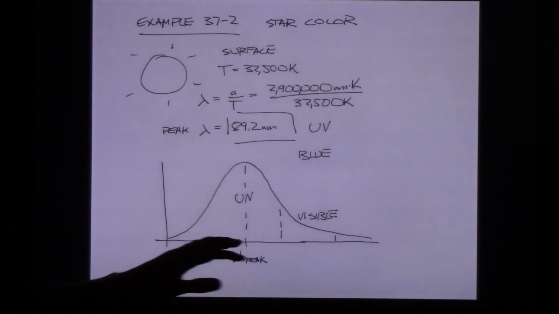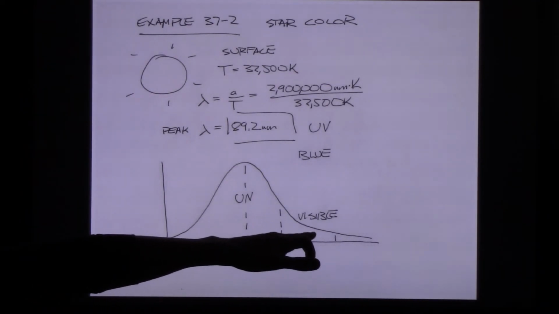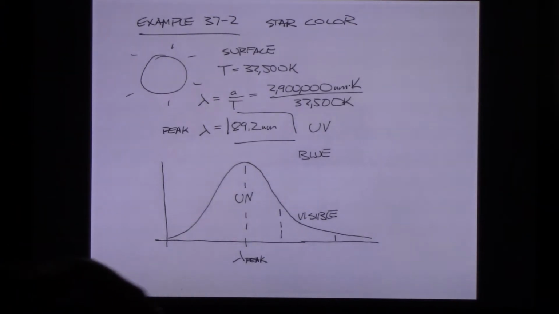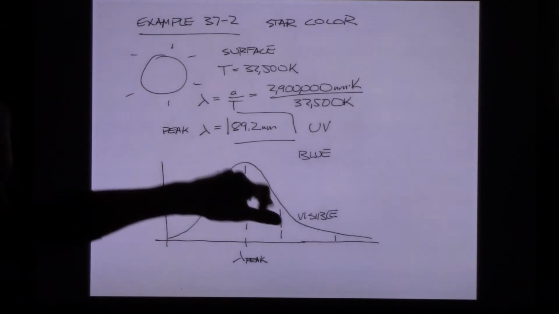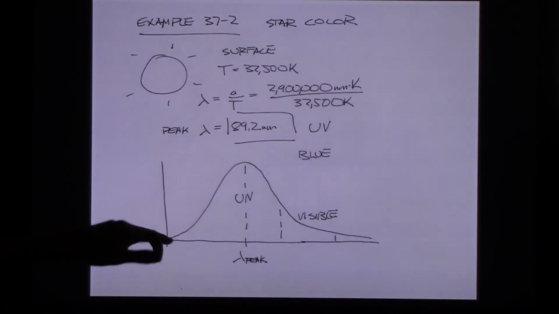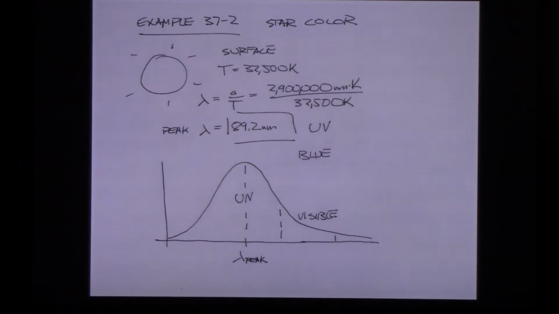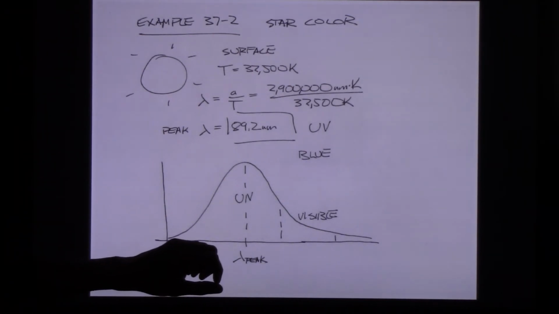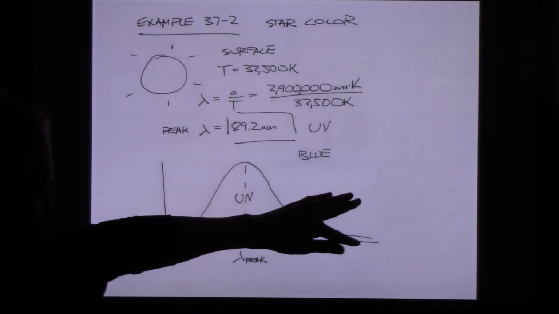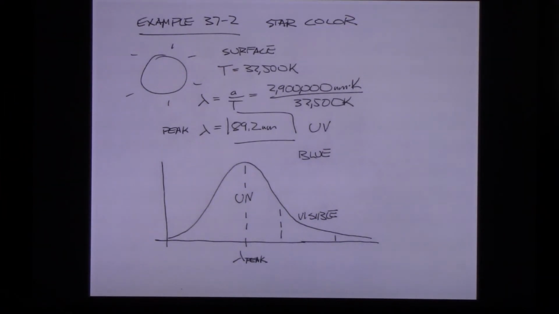Now, if your eyes are limited to the visible part of the spectrum, then it would appear blue or violet, a blue-violet star, because if we look at that distribution, what we're going to start calling the Planck distribution of light, it peaks in the ultraviolet, and so the visible light is out on this tail. Most of the light that's being produced is ultraviolet.